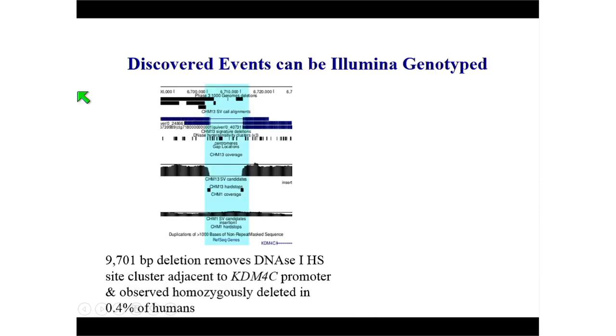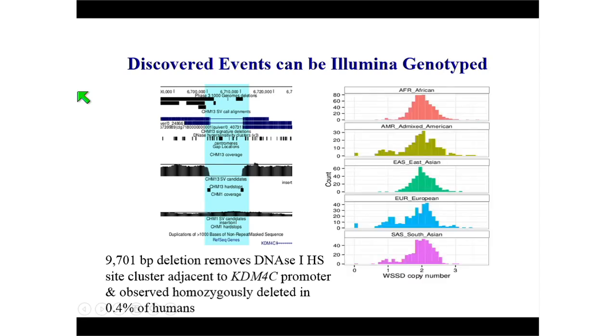Here's another relatively large deletion that was missed, at least by the 1,000 Genomes project. It removes a DNase I hypersensitivity site, and it clusters around the promoter of a gene called KDM4C. We've observed it deleted homozygously in about 0.4% of humans. Again, we use the alternate sequence structure to genotype precisely over the breakpoints of this region.